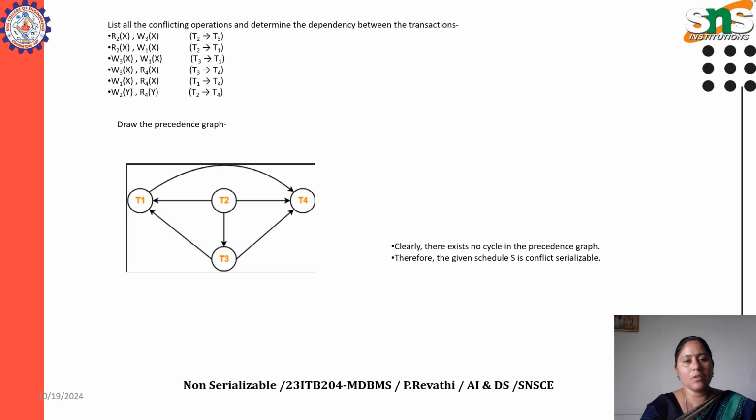List all the conflicting operations and determine the dependency between the transactions. R2 of X, W3 of X: T2 to T3. R2 of X, W1 of X: T2 to T1.